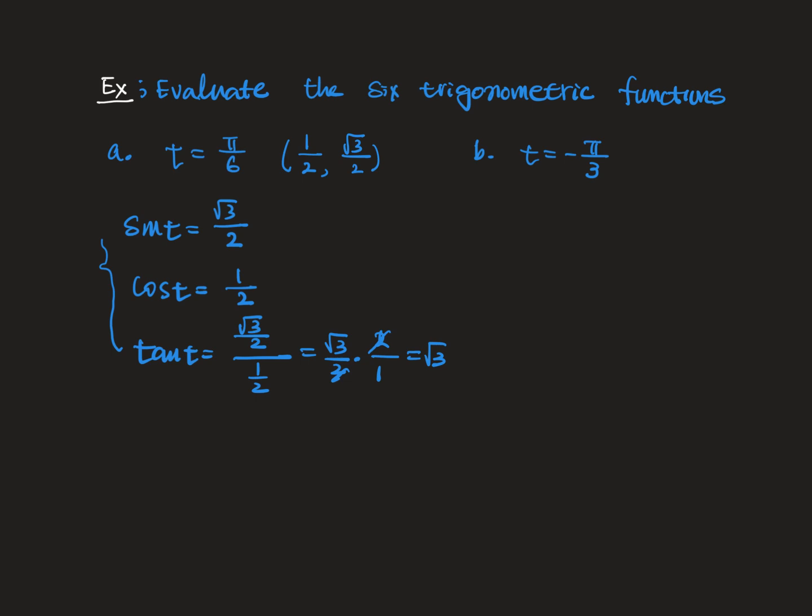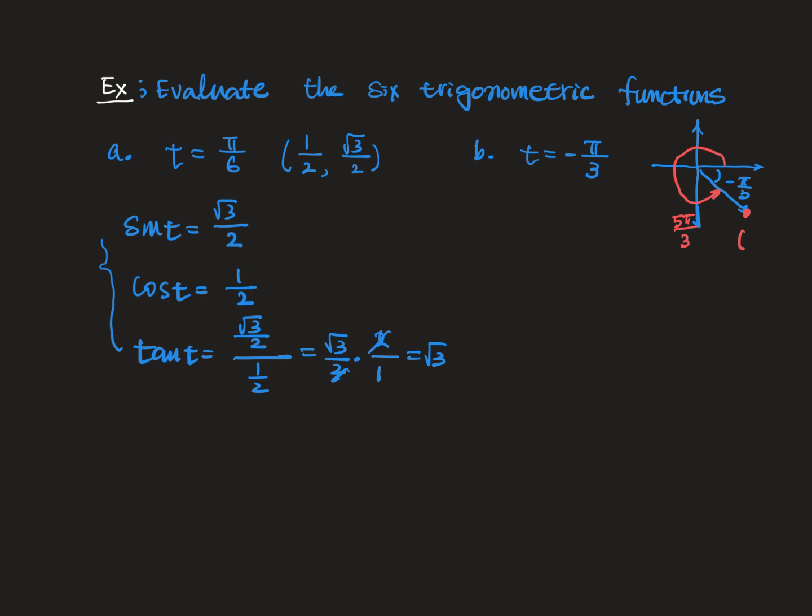Next one is t equals negative pi over 3. This one is negative. Where is it, guys? Let's sketch this angle. Negative goes in this direction. Negative pi over 3, that's the negative angle. You're going to have the positive angle right here, this one is 5 pi over 3. So you're going to find this coordinate on the unit circle.